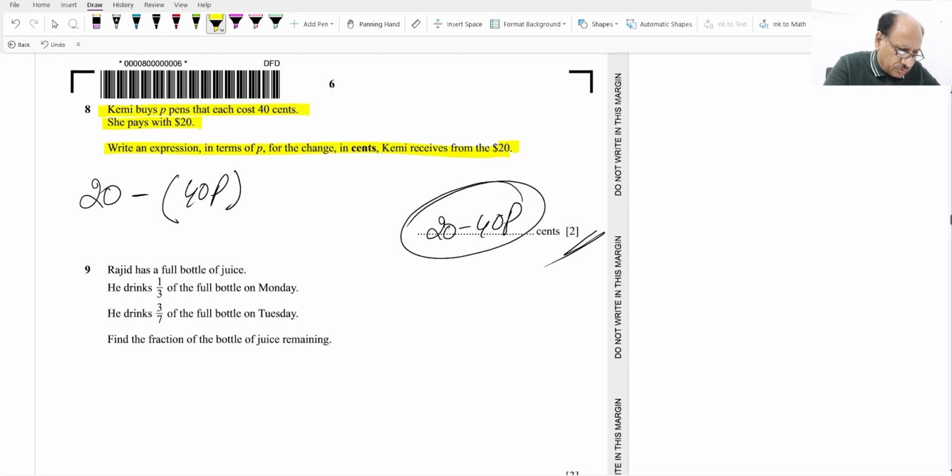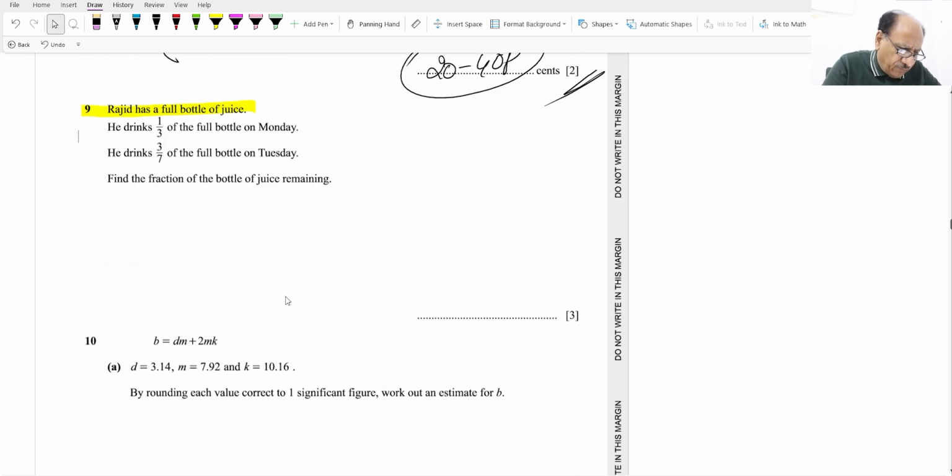Hopefully you understood this. Now question number 9. Rajit has a full bottle of juice. He drinks 1/3 of the full bottle on Monday. So 1/3 on Monday, 1/3 of the full bottle.